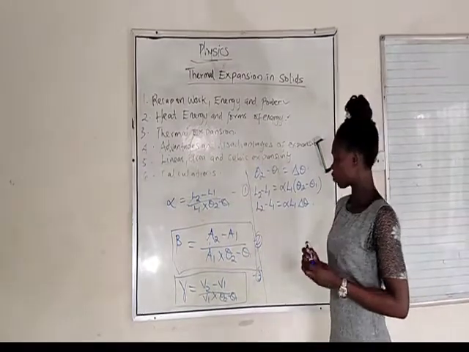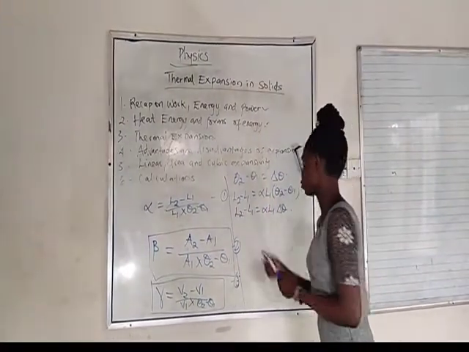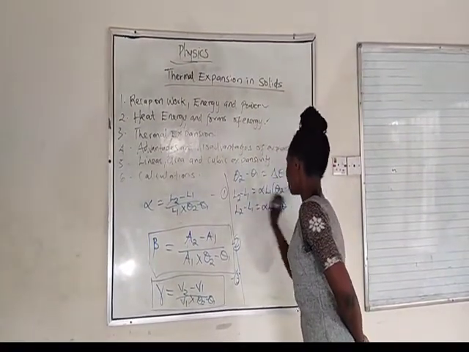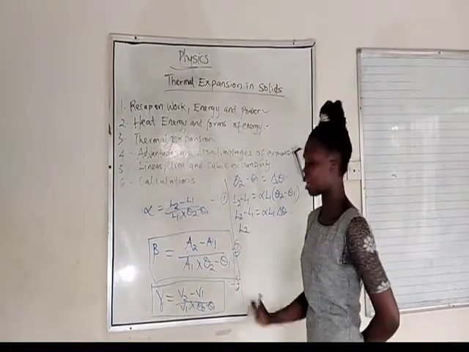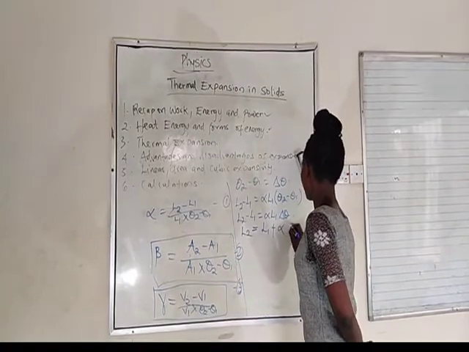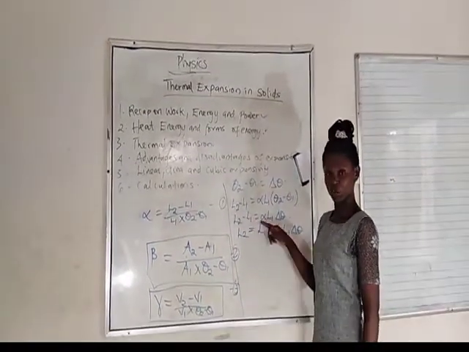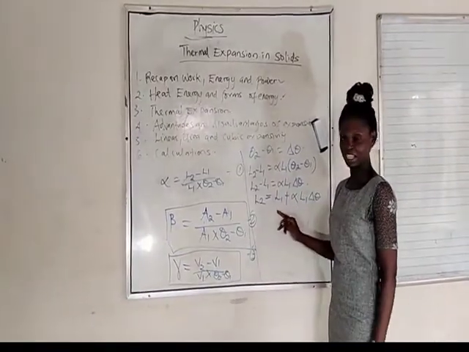And if you're given a question where you are asked to find the final length of that body after heat has been introduced, from here, if we make L2 the subject of the formula, we have L2 to be L1 plus alpha L1 change in theta. Remember, when your L1 crosses the equality sign, it becomes a plus, and that's why we have this.